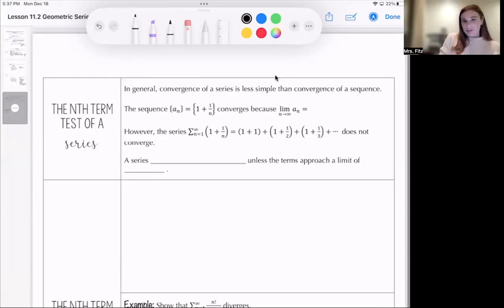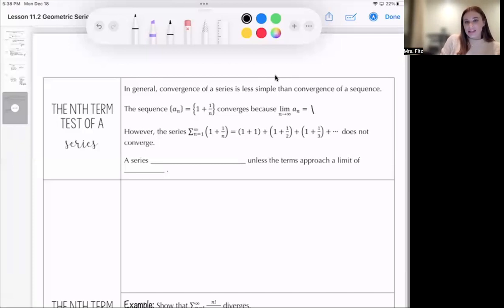Okay, so the nth term test says, in general, convergence of a series is less simple than convergence of a sequence. The sequence a sub n equals 1 plus 1 over n converges because the limit as n approaches infinity of a sub n is equal to, well, 1 over n as n approaches infinity goes to 0, plus 1 is just 1, right? So we can say that converges.